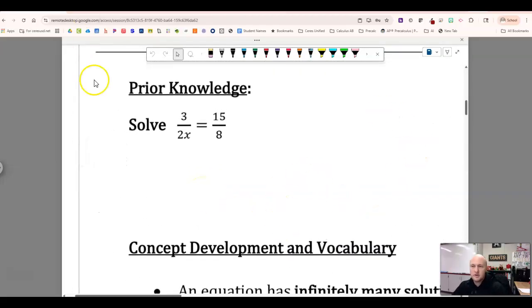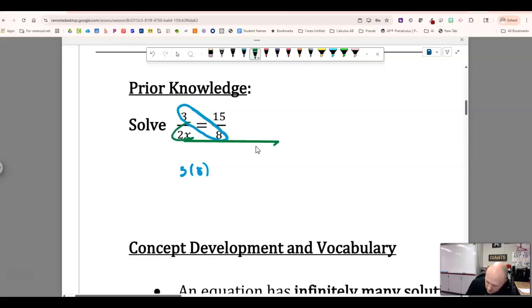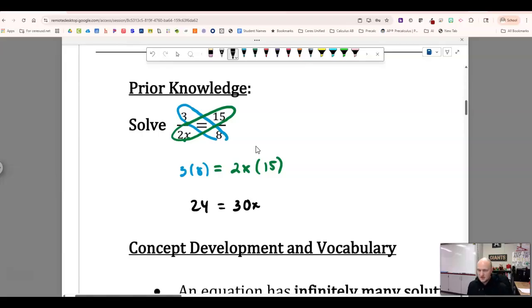Prior knowledge, if we want to solve an equation just like this, 3 over 2x is equal to 15 over 8, what we would do is cross multiply. I have 3 times 8, the good old butterfly method, and 2x times 15. What we get from this is 24 is equal to 30x, okay?